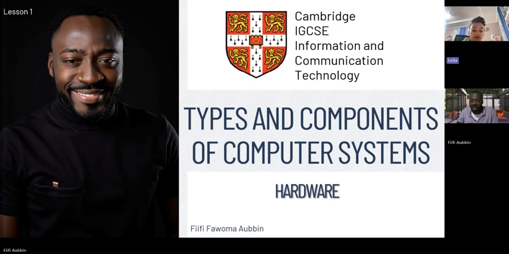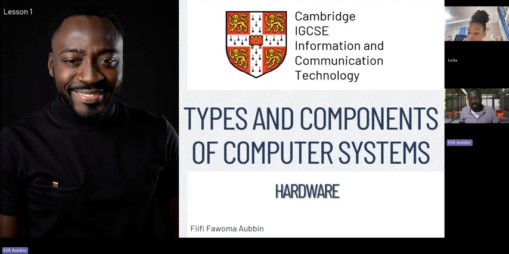Yes, please. Okay, so we are looking at our first topic of the IGCSE Information Communication Technology, and under that we have types and components of computer systems.